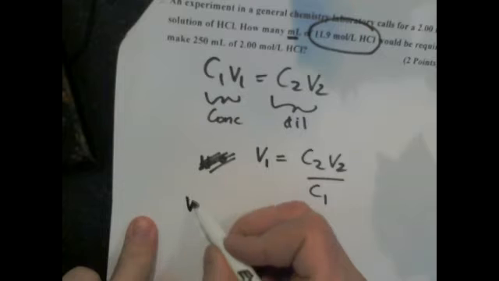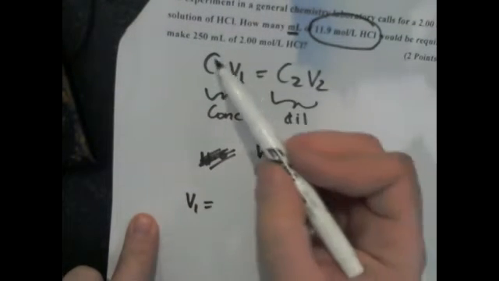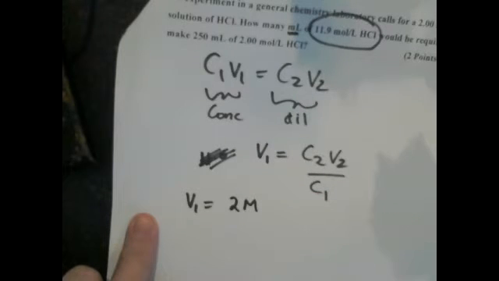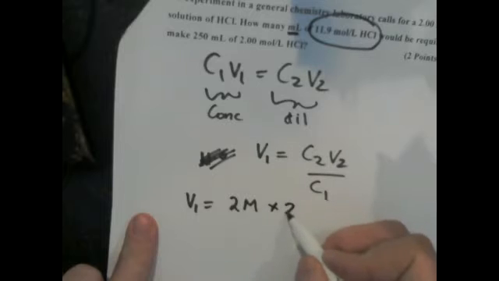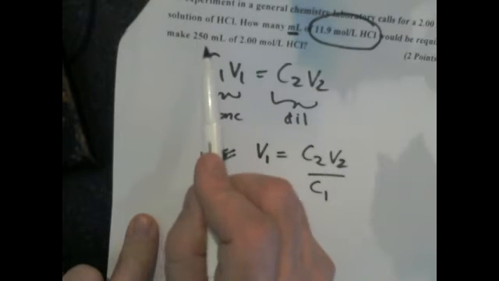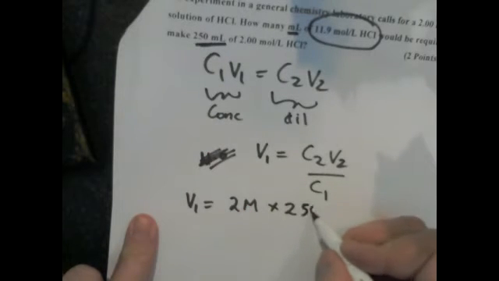So V1, C2 is my more dilute one, so that is 2 moles per liter. And I'm just going to use the symbol uppercase M to indicate molarity. I often do that when I'm doing a dilution problem. Times V2, the volume of the dilute side, which is that 250 milliliters there.